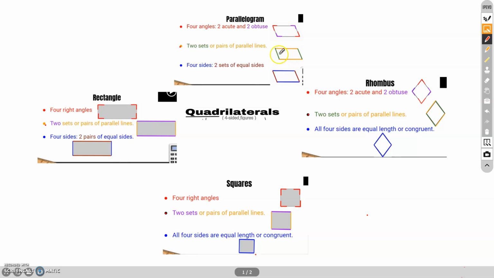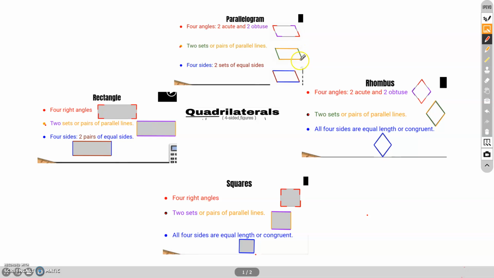If you look at my parallelogram, my green line and my other green line over here will not touch if I extend them. That's what makes a set or a pair. So a set is two lines and a pair is two lines. So you need two lines in order to make a set or pair. Okay? So all parallelograms have two sets or pairs of parallel lines.